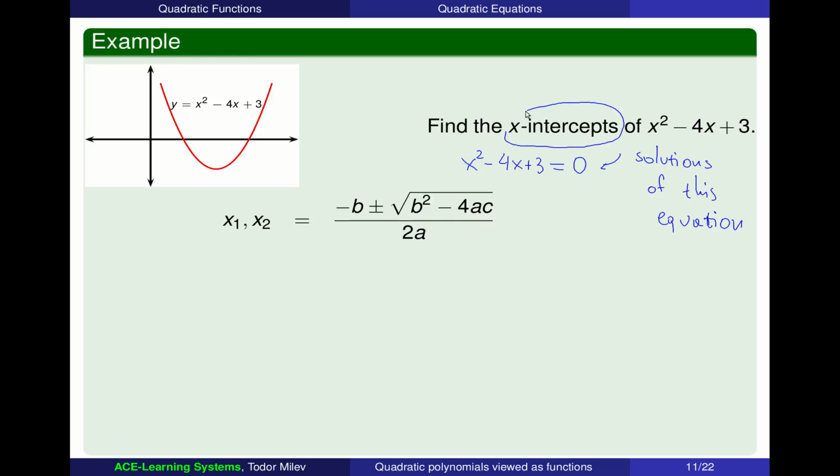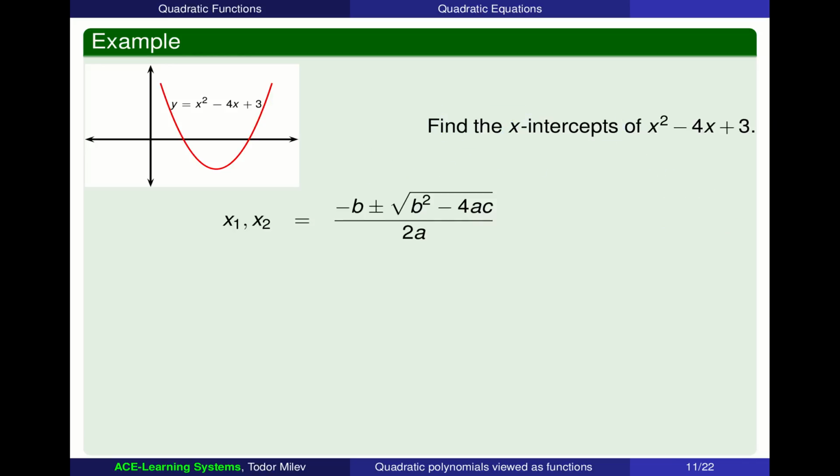So asking you to find the x-intercepts of a function is just a fancy way of asking you to solve this. So when you see a problem stated like this, find the x-intercepts, you're in fact asked to solve an equation. So we need to solve this equation, x squared minus 4x plus 3 equal to 0. That's the equation we're trying to solve.